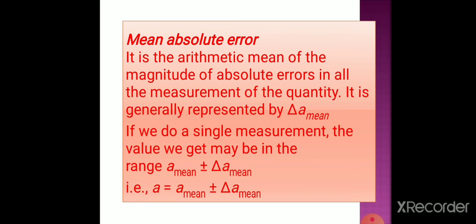Delta A mean is equivalent to (modulus of delta A1 + modulus of delta A2 + modulus of delta A3 + etc. + modulus of delta AN) divided by N, where N represents the total number of observations. If we do a single measurement, the value we get may be in the range A mean plus or minus delta A mean.